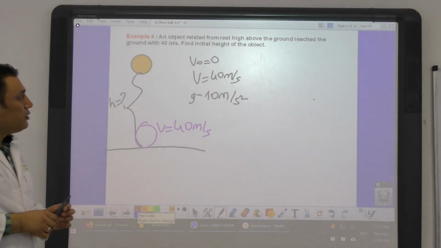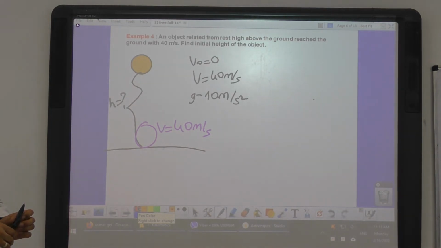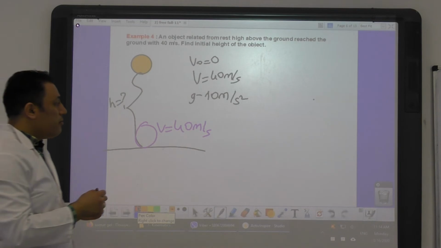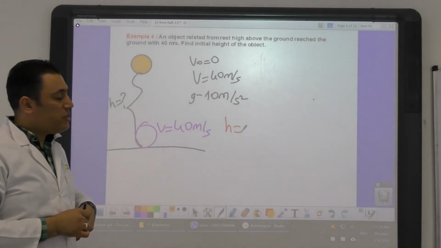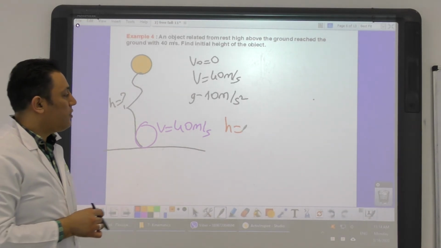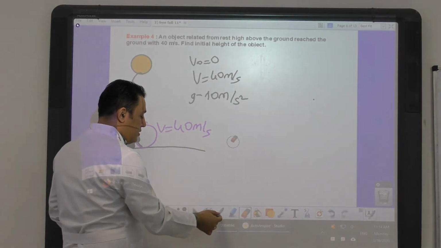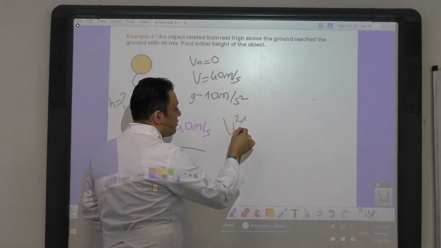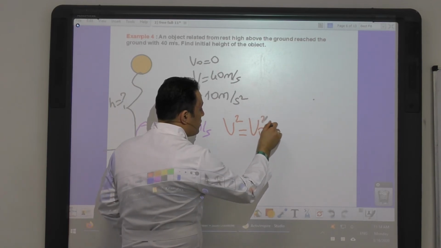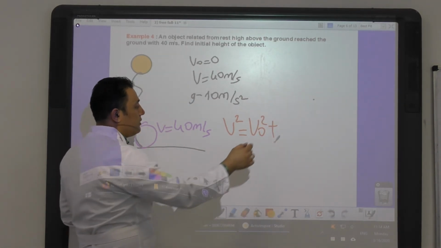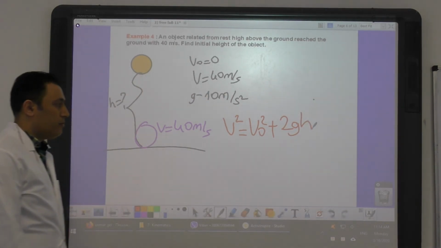Okay, so to be able to calculate the height of the object, I might use a formula which does not contain time. The square of the final velocity is equal to the square of the initial velocity plus 2 times g times h.